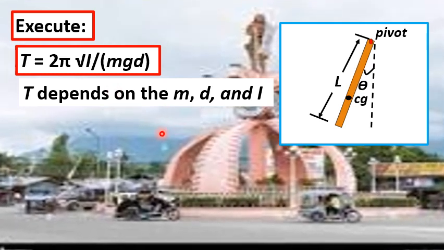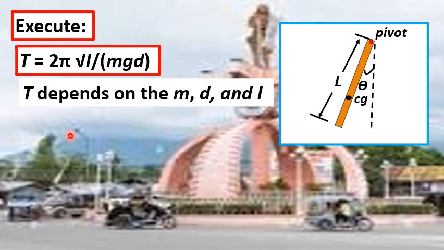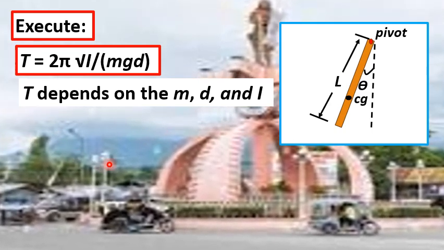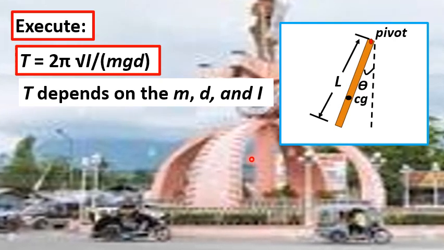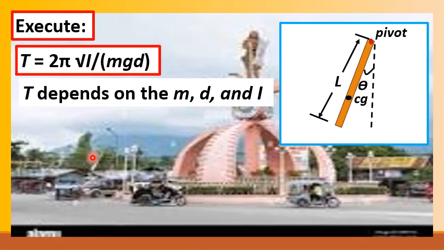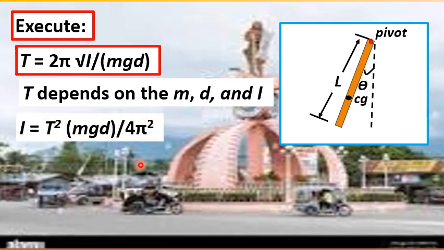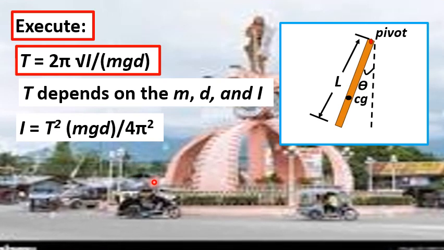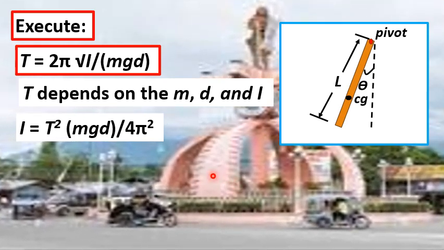So we can now proceed in computing the moment of inertia, capital I, of this rod. So we use the derived equation, capital I equals T squared multiplied by mgd, and then divided by 4 pi squared.